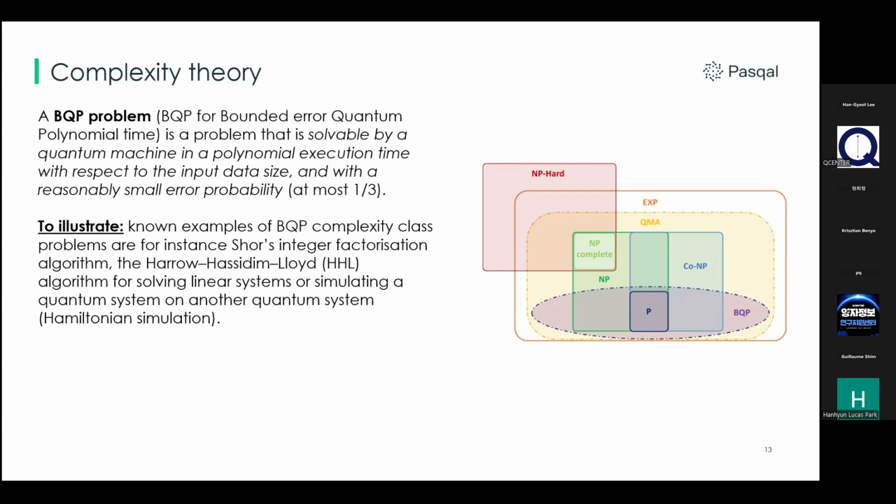The Harrow-Hassidim-Lloyd algorithm, used for solving linear systems quite efficiently, is proven to be in this category, and Hamiltonian simulations in general fall into this problem category.